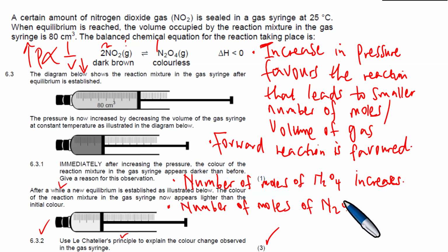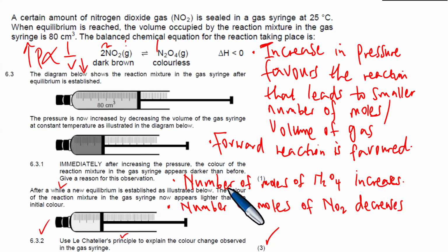Because another student can say, why are we only speaking about N2O4? Because this is a reaction equilibrium, so we can speak about any of this, and that is the truth. We can speak about the left or the right. So the number of moles of NO2 decreases.